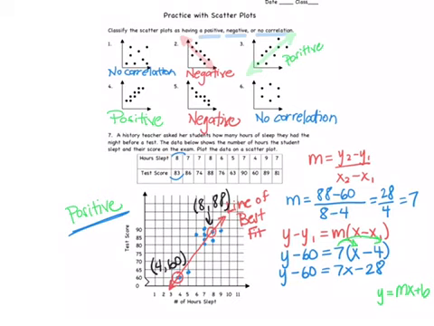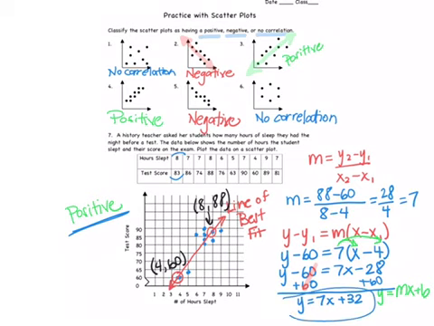And then I need to get y by itself. So to do that, I'm going to add 60 on both sides. And when I add 60, I end up finding out that the equation of my line of best fit in slope-intercept form is y equals 7x plus 32.